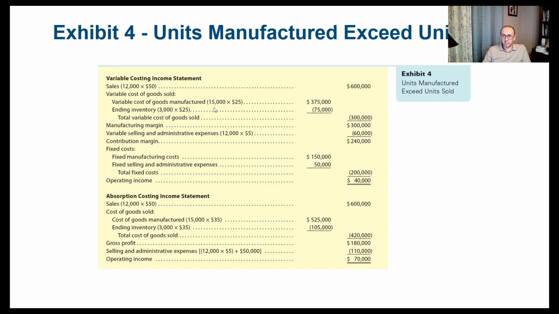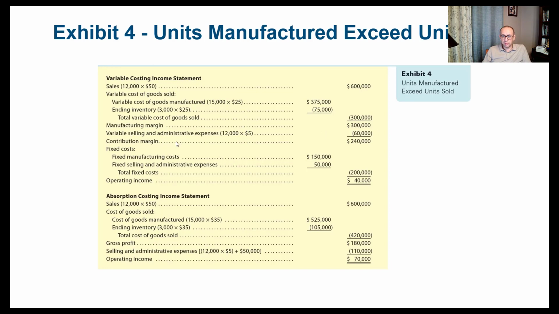So remember, we produced 15, but we only sold 12. So our ending inventory would be 3,000. So we subtract 3,000 multiplied by 25, which is 75,000, from the 375,000. That's 300,000. So the total variable cost of goods sold to be subtracted from the sales is 300,000. That would give us our first number, the manufacturing margin, of 300,000.